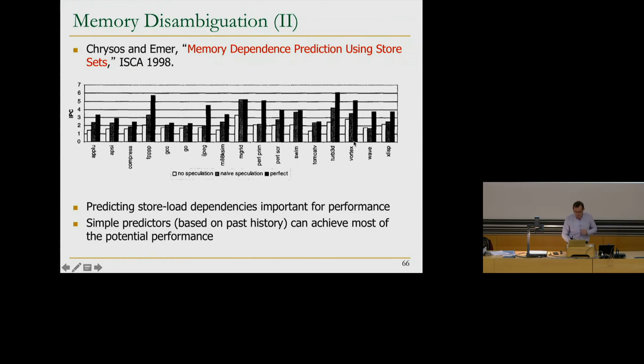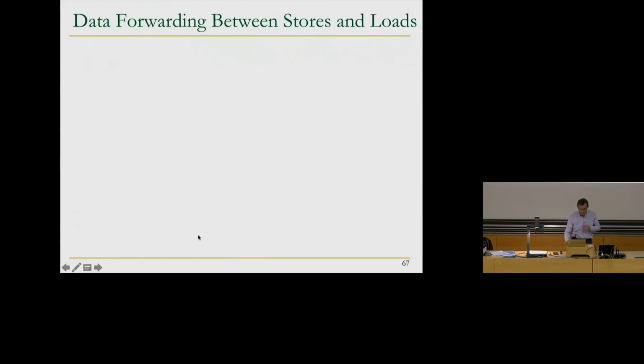So some of these are actually still used. But basically, if you look at this, the conservative approach is actually terrible. The aggressive approach is a little bit better, but the perfect approach has a huge gap. That's why you would like to handle this well. Simple predictors can achieve most of the potential performance. I'm not going to talk about how to do the prediction. You can leave that to your imagination.